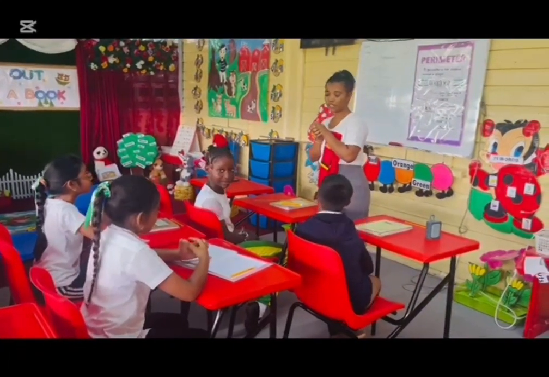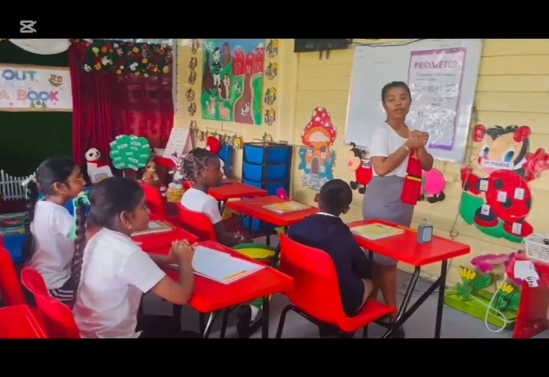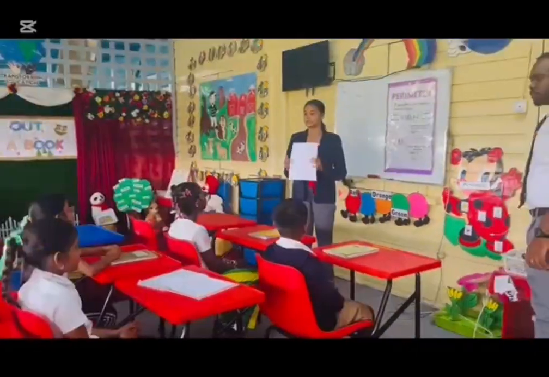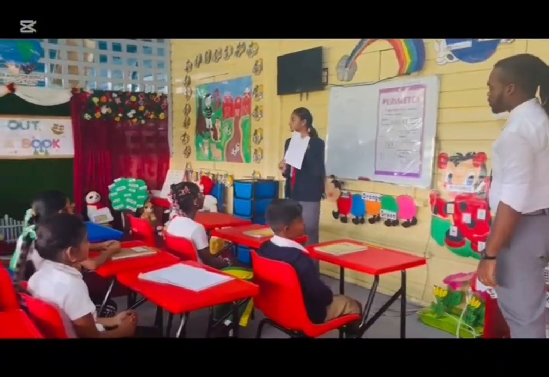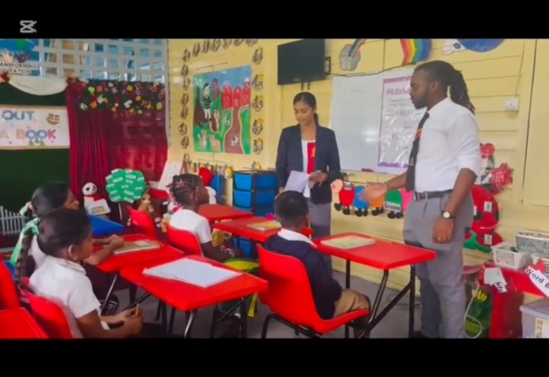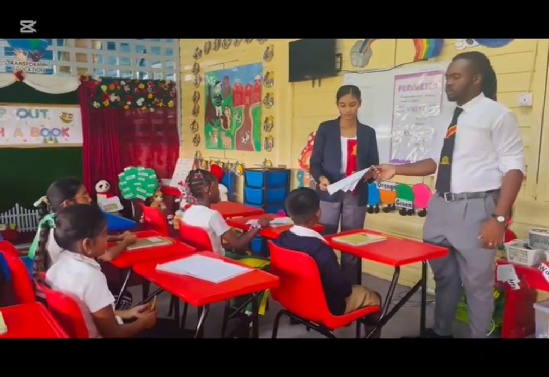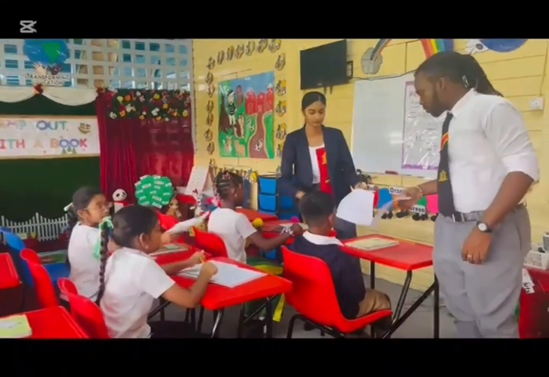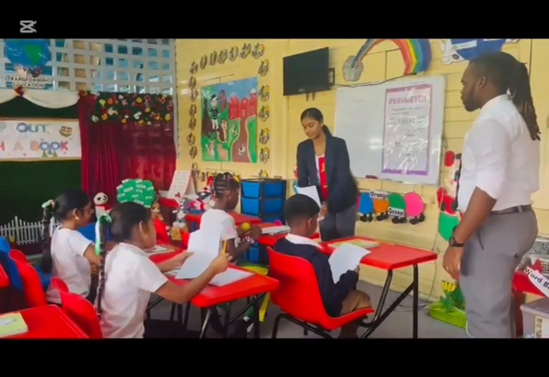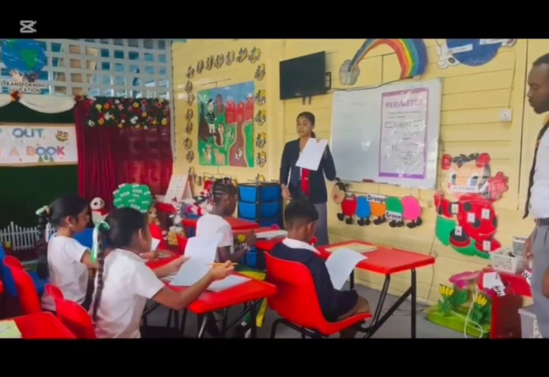Right? Good. So now I will hand over to Ms. Bhumika. Good. So we have some worksheet here for you guys to do as homework, right? Sit down. Good. So on the worksheet it says that you have to find the perimeter of these shapes.